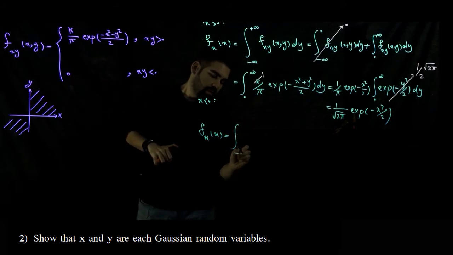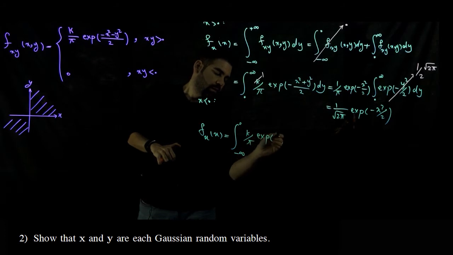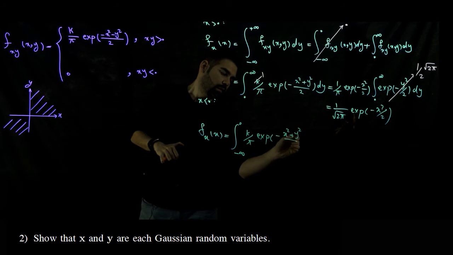So this is from minus infinity to 0 of k over pi exp minus (x2 plus y2) over 2 dy.